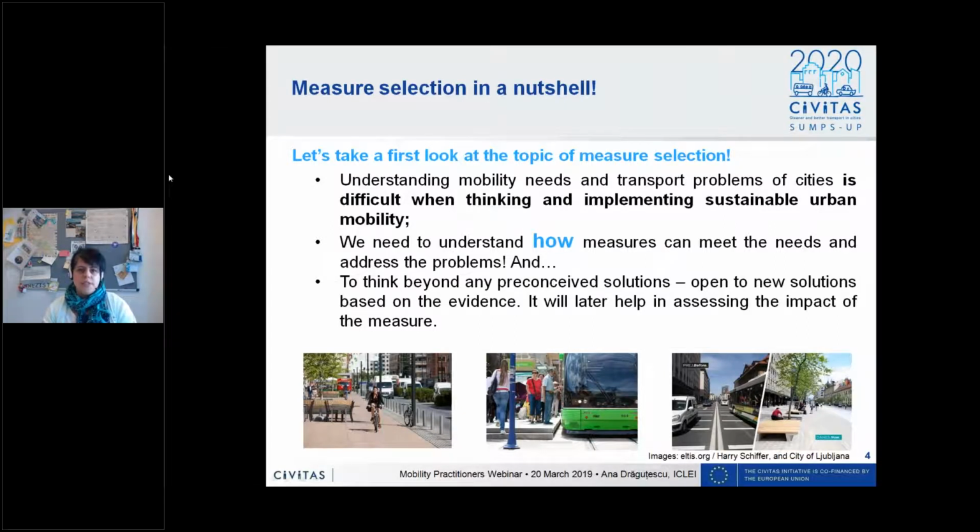Understanding the mobility needs and transport problems of cities is a difficult task when thinking about and implementing sustainable urban mobility. We need to understand how measures can meet the needs and address the problems, and to think beyond any preconceived solutions. You will hear about these preconceived thoughts and solutions that decision makers have for the cities.